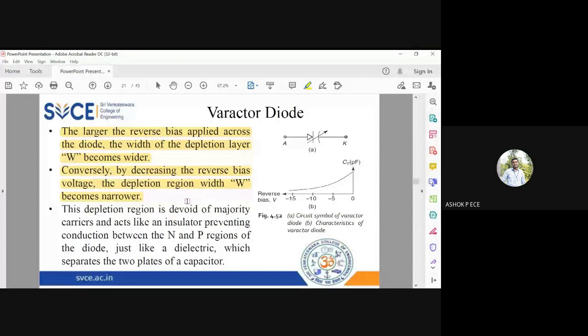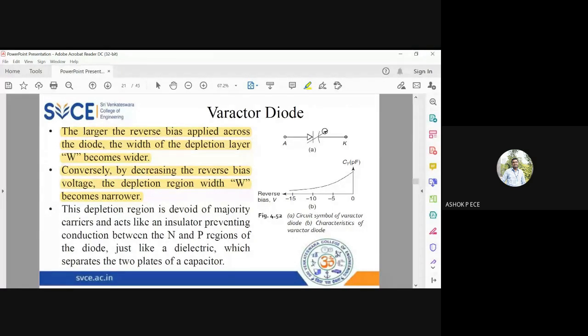The symbol for the Varactor diode is given like this. It is a normal diode plus a capacitor, and this arrow mark indicates it's a variable capacitor. The capacitance can be varied or adjusted by varying the reverse bias voltage.